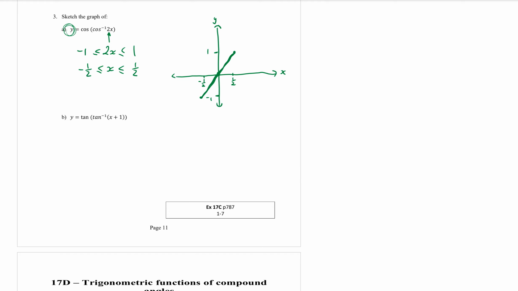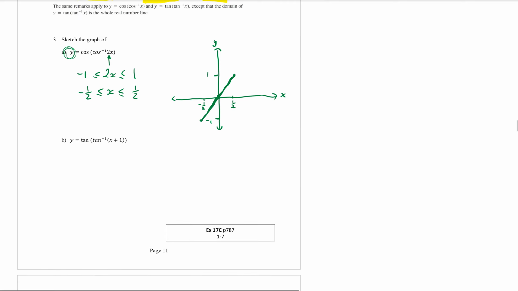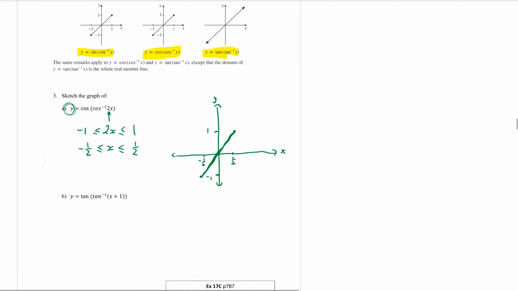Okay, B. We now want to draw tan inverse tan of x plus 1. Now, just like in this last graph, this was basically the graph of y equals 2x, but we had to restrict the domain because of the restricted domains up here. Tan does not have a restricted domain and range. So if I want to draw tan inverse tan, the tans disappear, and I'm really just drawing the graph of x plus 1.